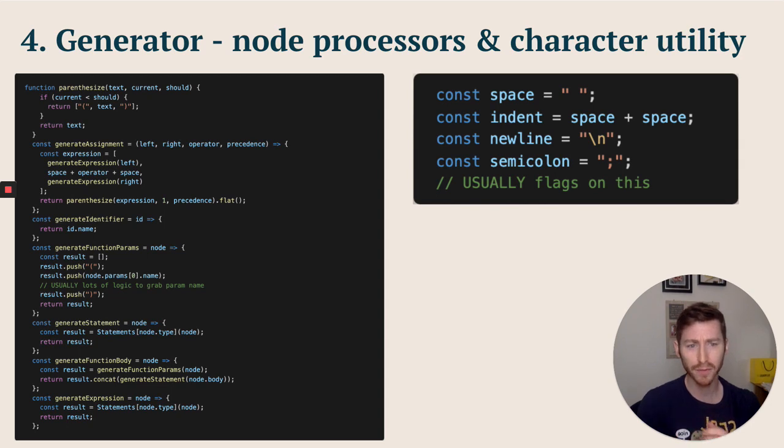It also includes some character constants, you can see there on the right. So for example, there's a space, there's an indent. They are called from our type statements, which we'll talk about in the next slide. I wouldn't worry too much about this logic right now unless you're planning on writing your own compiler. Most of this was borrowed from the ES-CodeGen library, but this is again just what we need.